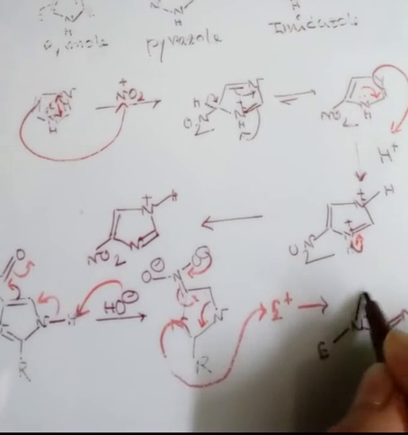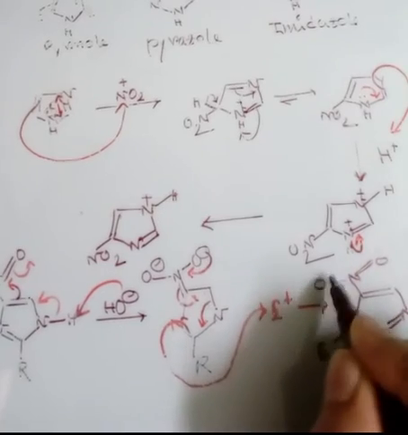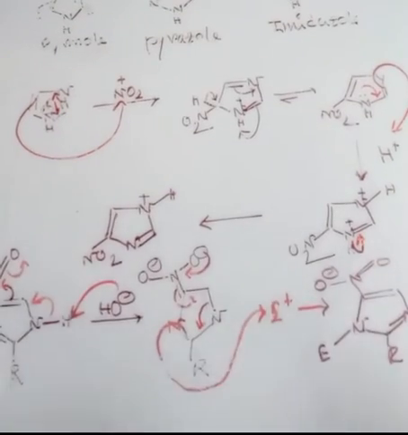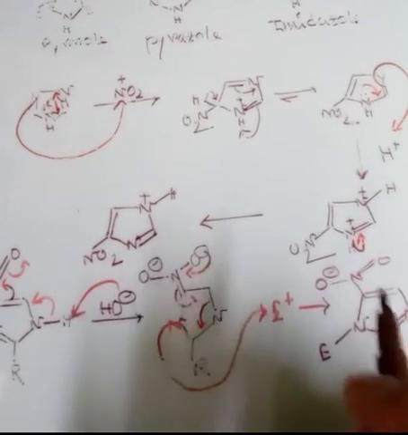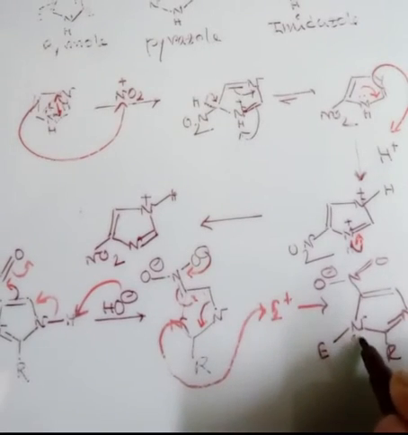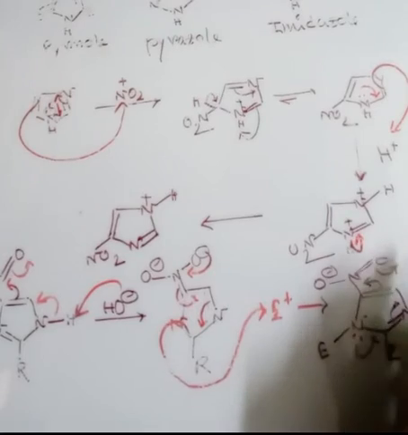Or M double bonded O and O negative. Again it will go to resonance, tautomerization, then it can form like this and this.